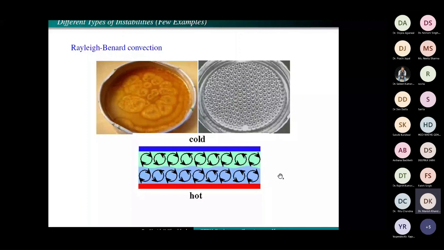Those rolls are called Bénard cells, and they appear because hot water comes upward. The particles are hot, so the density is reduced, and the lower density fluid comes upward while the higher density fluid goes downward. That is how the rolls are developed. This is a particular pattern called the Bénard pattern or Bénard cells, and that type of instability is called Rayleigh-Bénard instability or Rayleigh-Bénard convection. So when we boil water, we always see this type of pattern.